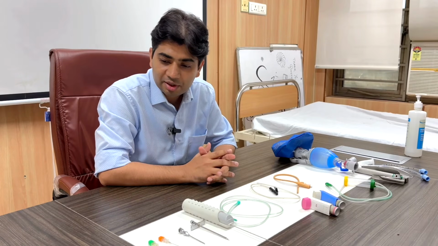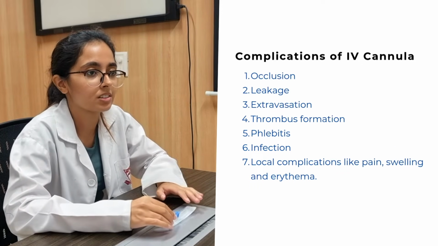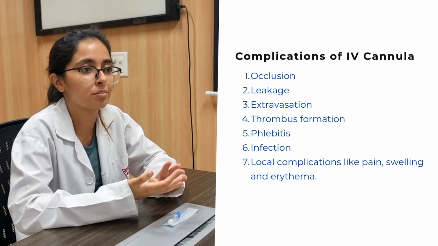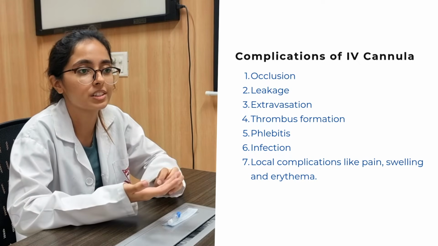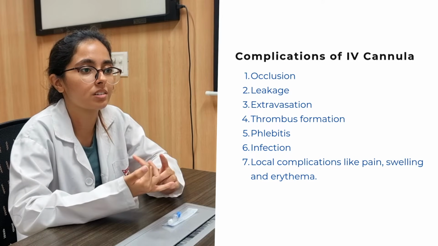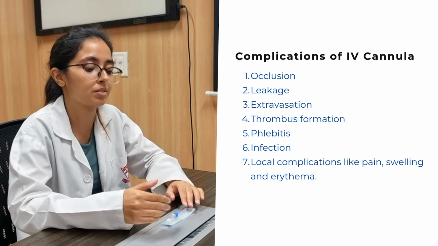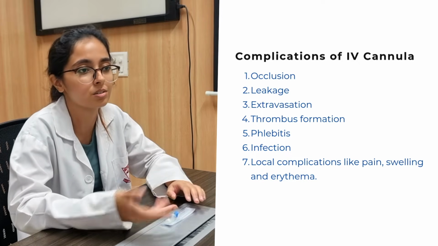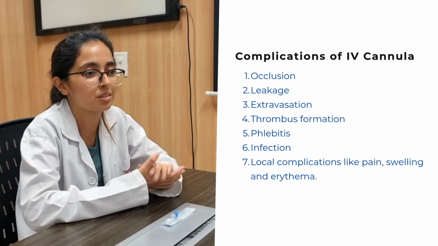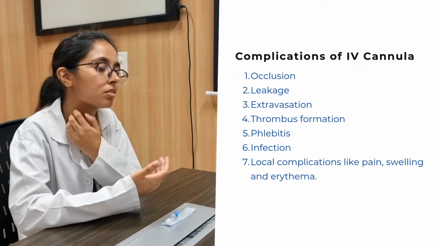What are the complications that may occur? So there might be occlusion of the cannula itself, there might be leakage, there might be extravasation, thrombus can be formed, there can be local site infection also, there might be inflammation in the veins or phlebitis can also occur, and there can be pain, swelling or redness, erythema.